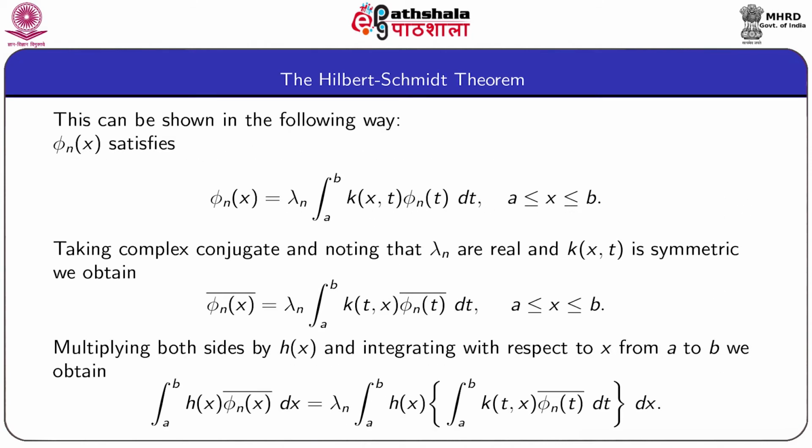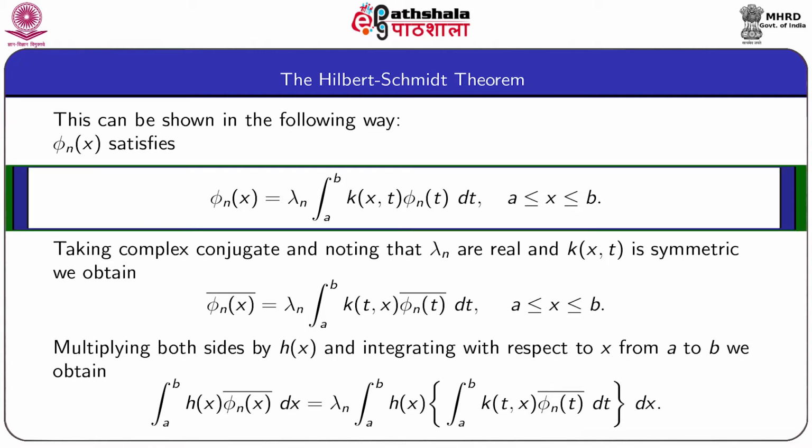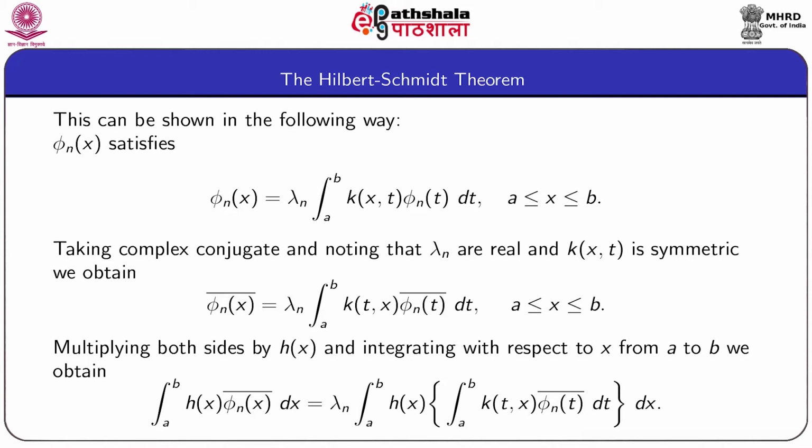Now, we can show this in the following way. Phi n(x) are the orthonormalized eigenfunctions, so they satisfy the homogeneous integral equation given by phi n(x) equal to lambda n integral a to b k(x,t) phi n(t) dt, x lying in the interval a to b. k(x,t) is the symmetric kernel.